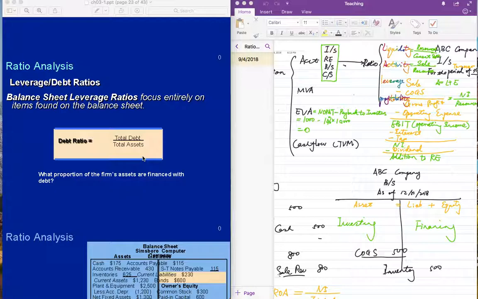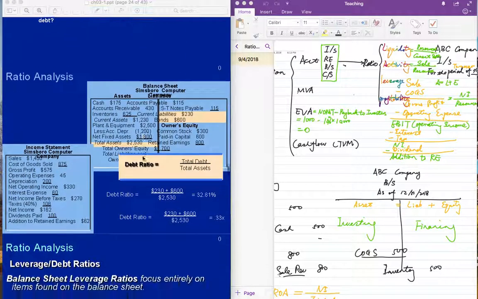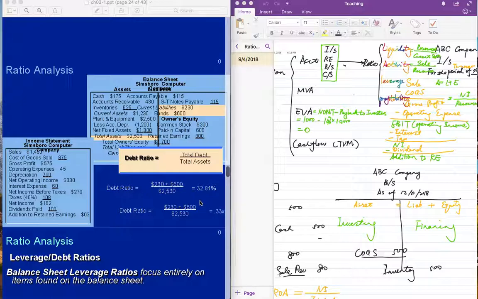Okay, what percentage of assets is financed by debt? Samsparrow has 32.81% of assets financed by debt. And if we know that 32.81% of assets are financed by debt, we can immediately, using this accounting equation, calculate what percentage of the assets is financed by equity.